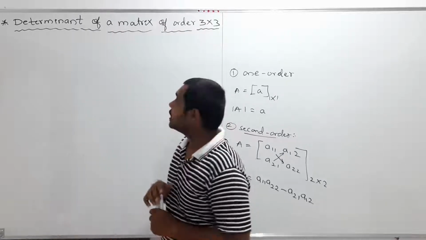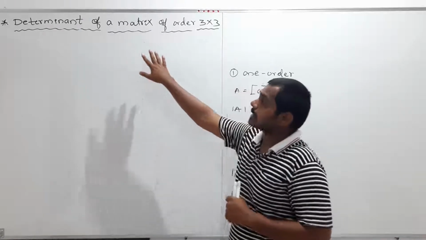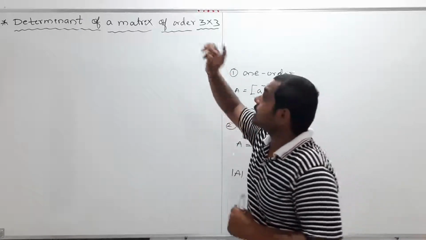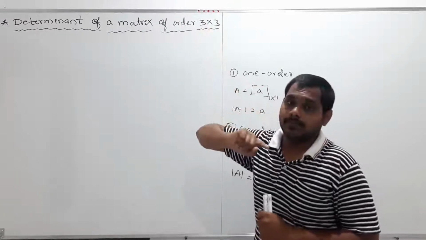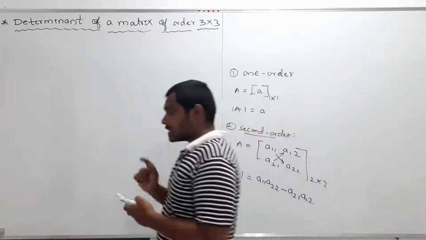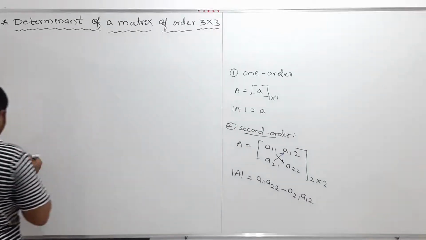And in today's class, what will I do? Today's class I am going to discuss how to calculate the determinant of a matrix of order 3 cross 3. Suppose the given matrix is of the order 3 cross 3. I will take one example.